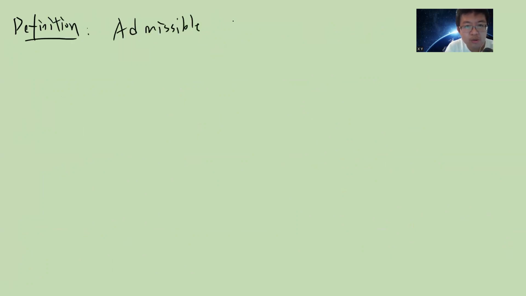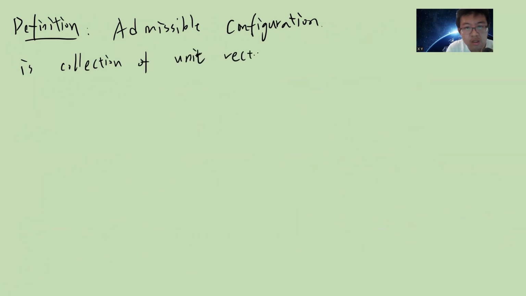Okay, so now we can talk about the so-called admissible configuration. Definition: admissible configuration. An admissible configuration is a collection of unit vectors in R^n that lie in an open half space.